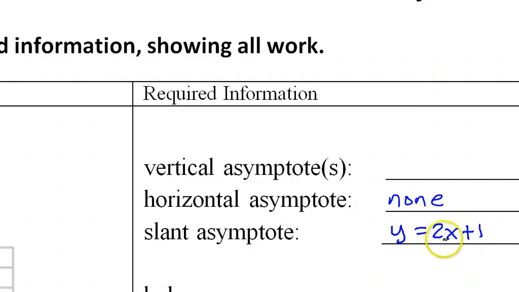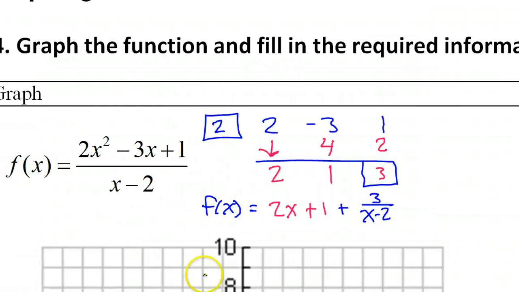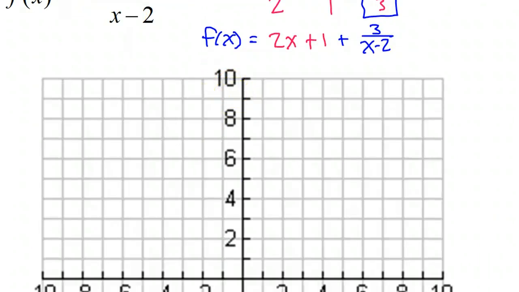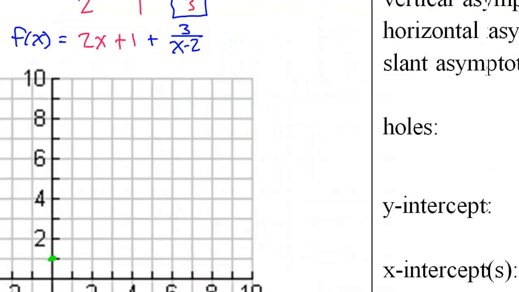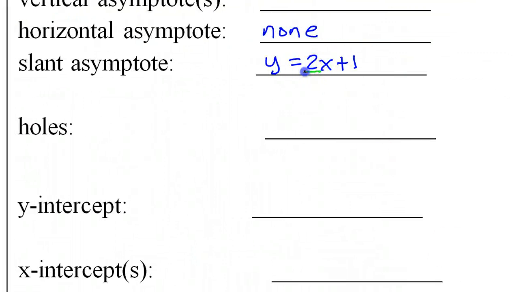Alright, let's go ahead and graph that. To graph y equals 2x plus 1, remember y equals mx plus b. This is the y-intercept, so we'll start at 1. Now this 2 represents a slope, so this is up 2, right 1.